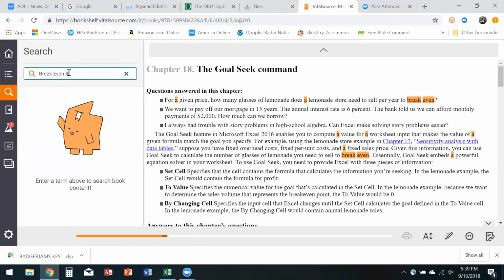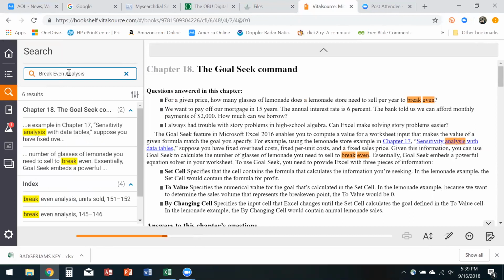And let's see what we get. All right. We've got some things here we can look at. Sensitivity analysis, and they talk about break-even analysis. And here's some guidance for us.